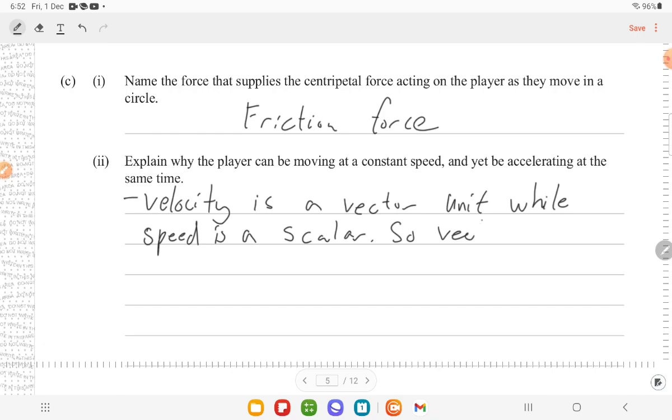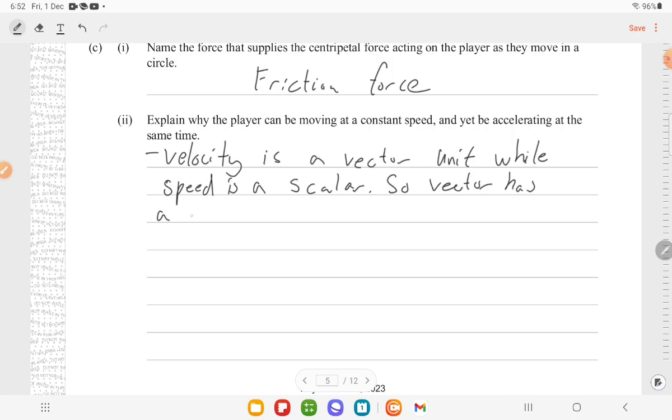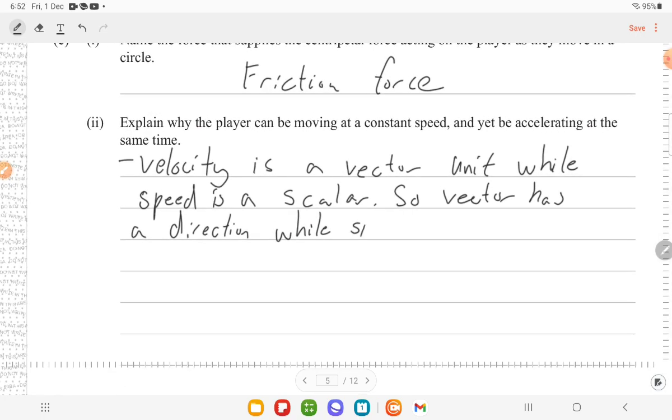So a vector has a direction while speed doesn't. So basically, yeah, velocity is a vector unit. So a vector unit always has a direction and a scale, while a scalar is just a scale. So velocity means you're going in a certain direction.